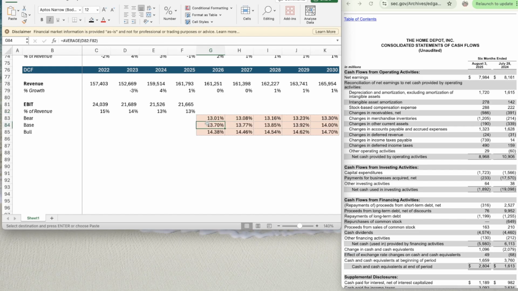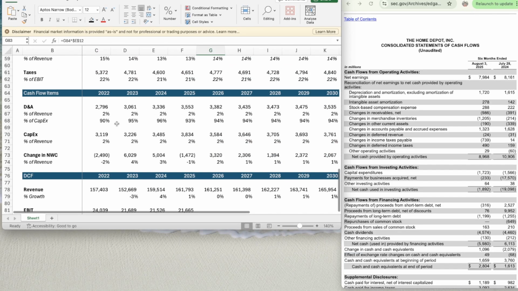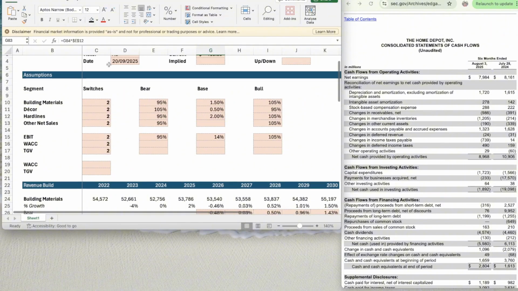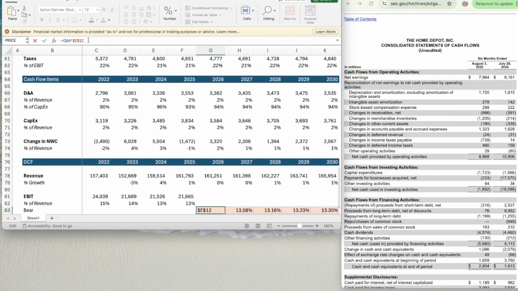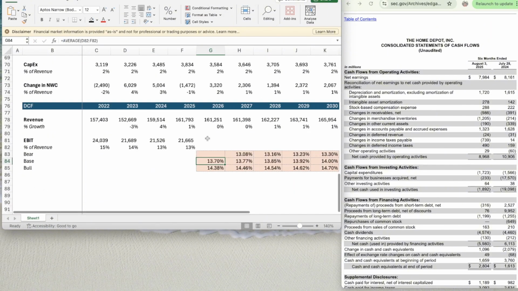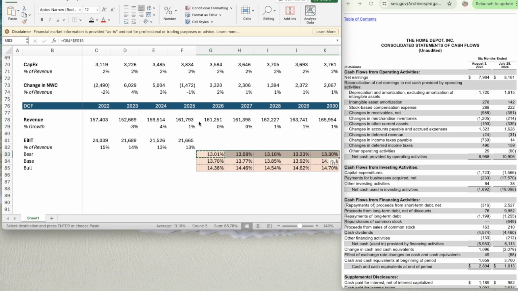So, okay, we all know what to do here. Well, this needs to change. It needs to be E15. We just pull it over. I15.